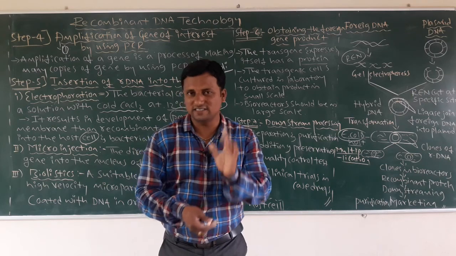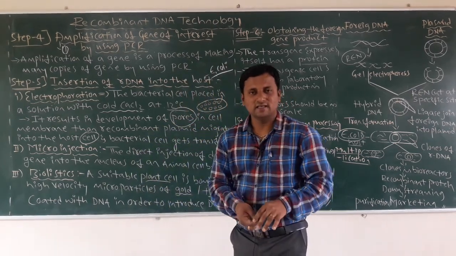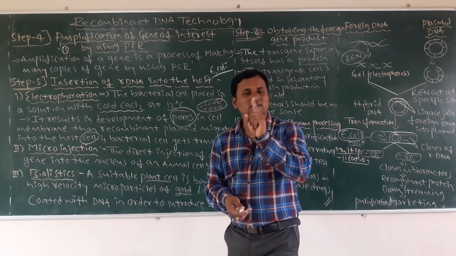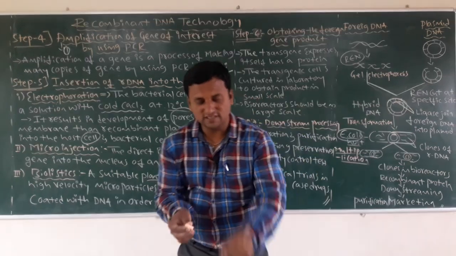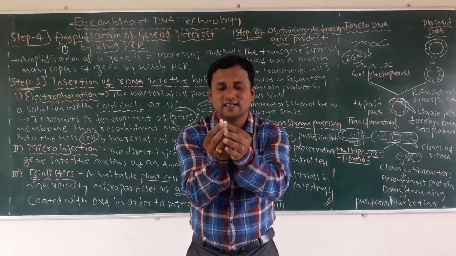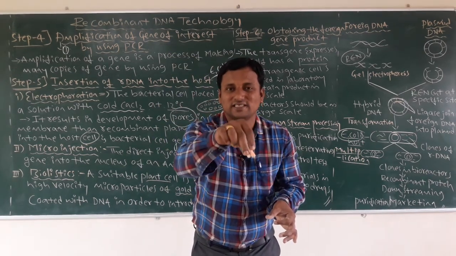So in biolistics, the most important point is that you are using high velocity microparticles of gold or tungsten. These are coated with DNA molecules and introduced directly into the host cells.